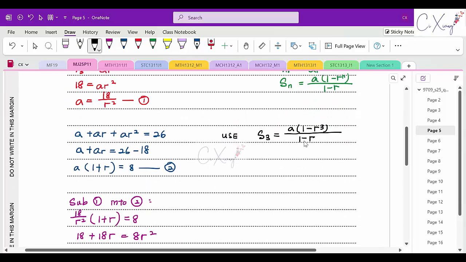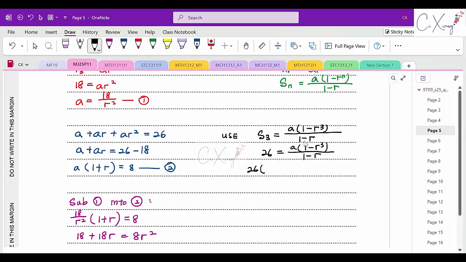So if you write 26 equals this one, then 26 times 1 minus R equals A times 1 minus R power 3.